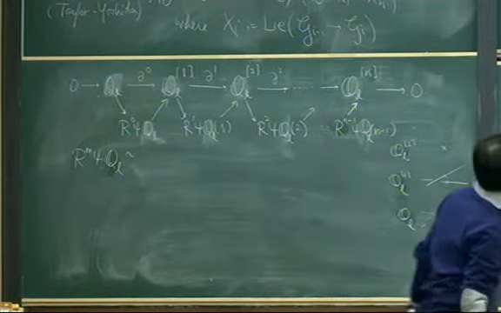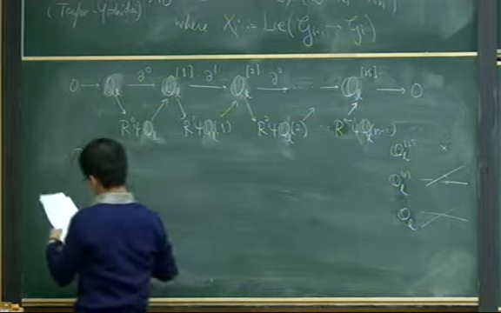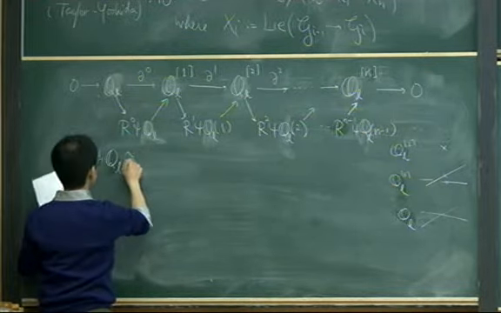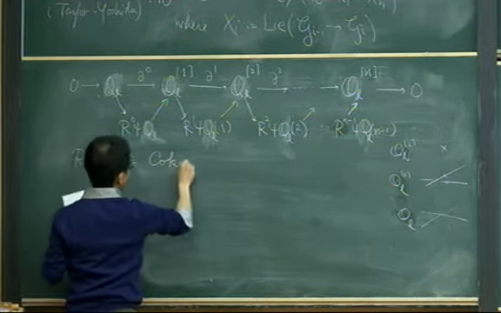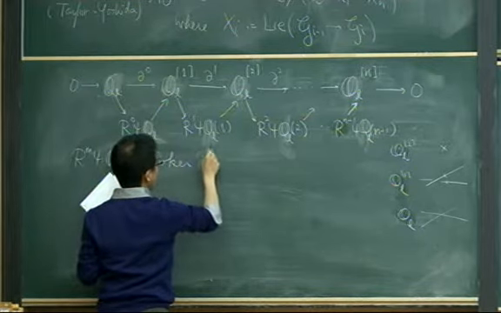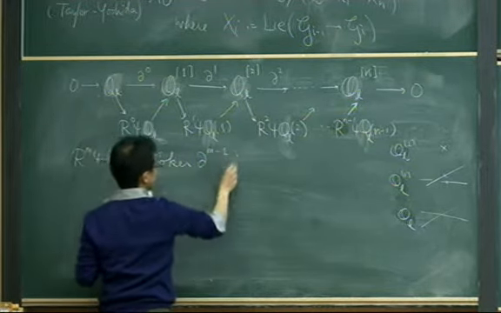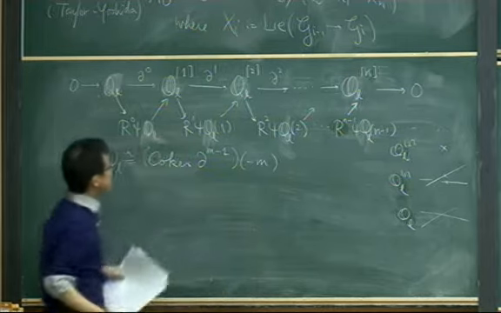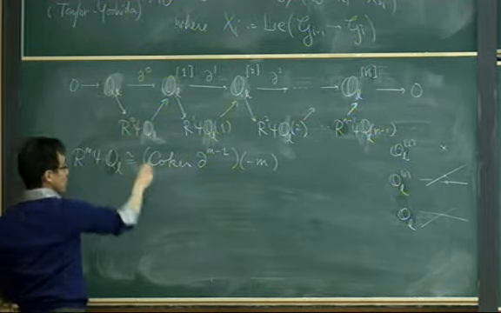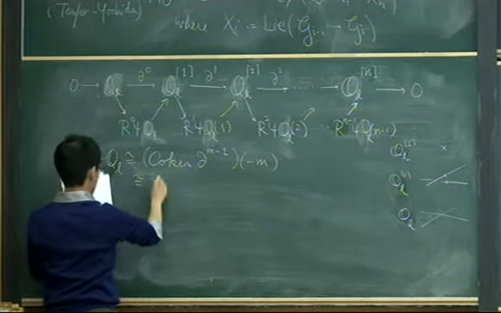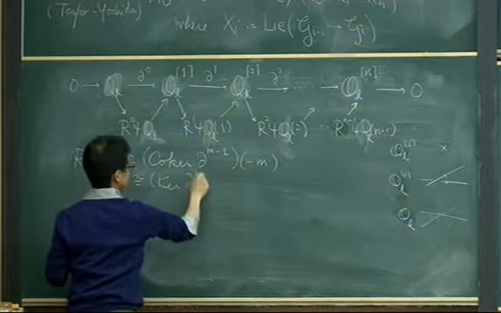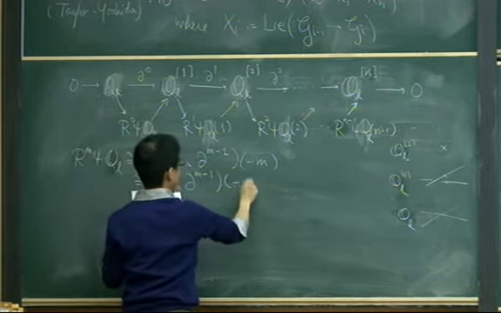Was everything okay? Yes, it should be okay. So R^m psi Q_l is a co-kernel of this, twisted by minus m. And because this is a resolution, this is also a kernel of the next map, twisted by minus m.